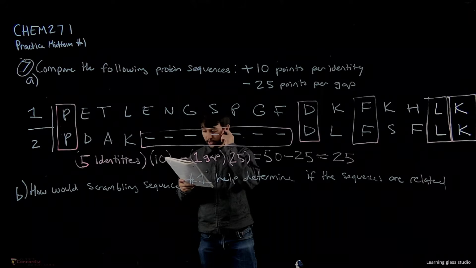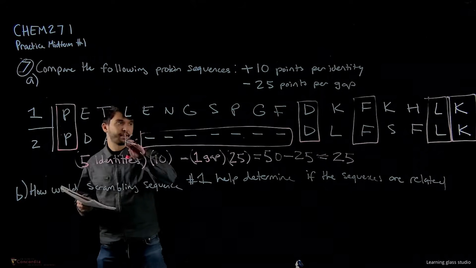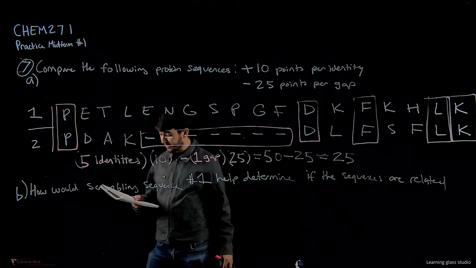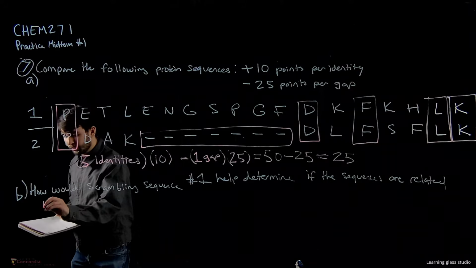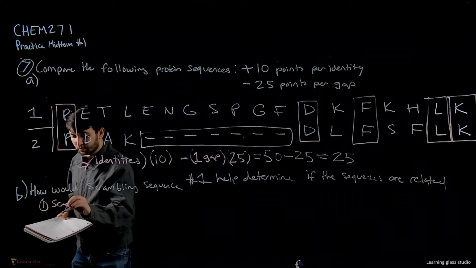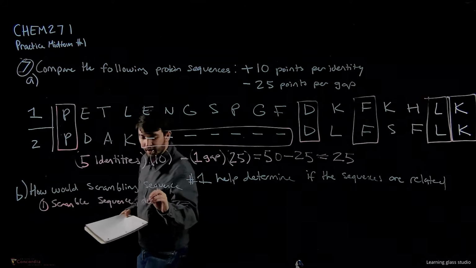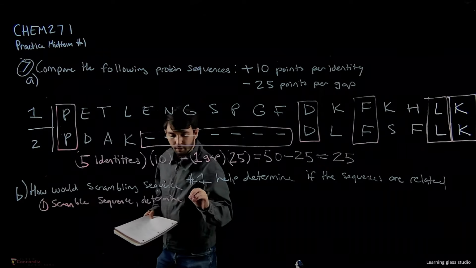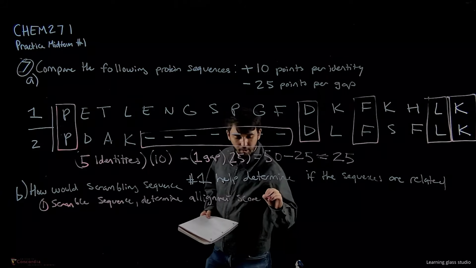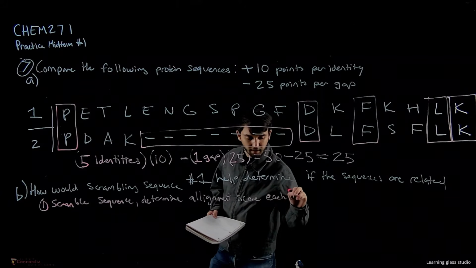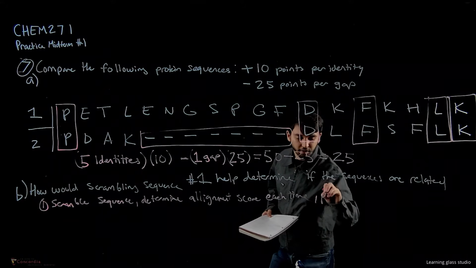So what we would do here is scramble sequence 1, so that means randomly shuffle all the amino acids, and then we determine the alignment score each time we scramble, okay? And then we will plot these scores.